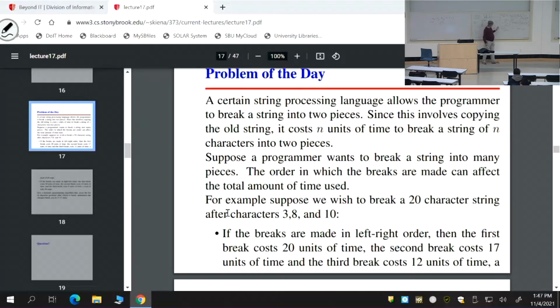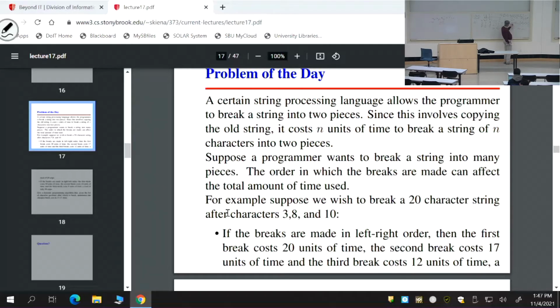What is the cost of computing Cij if all the smaller values are sitting there waiting in the table? Looking something up from a table is constant.